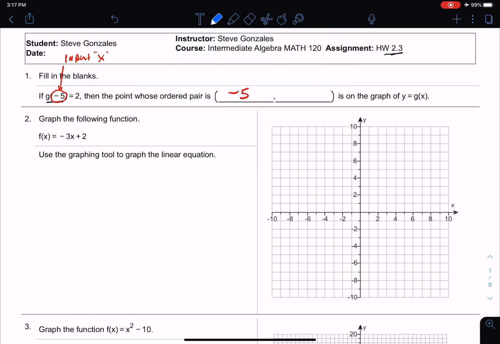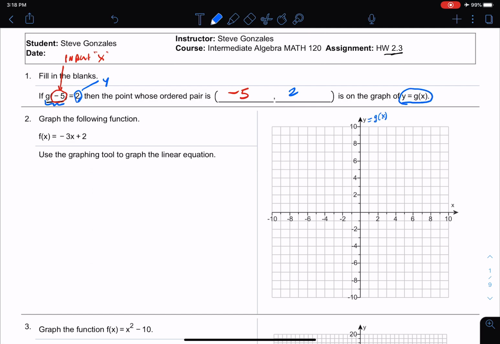Now notice over here this notation, g of x is the y. In fact, often when you graph functions, they'll put g of x right here, just kind of reminding you that the result of g of x is going to be your y value. So once we figure out what g of negative 5 is, its partner or its ordered pair is its y value of 2.